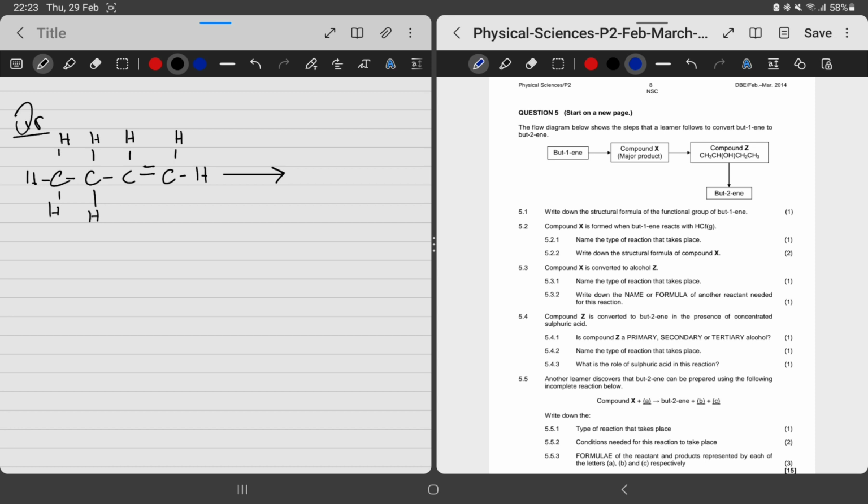The only way for me to have a major product, to have it written like that, is if I have a hydrohalogen there.